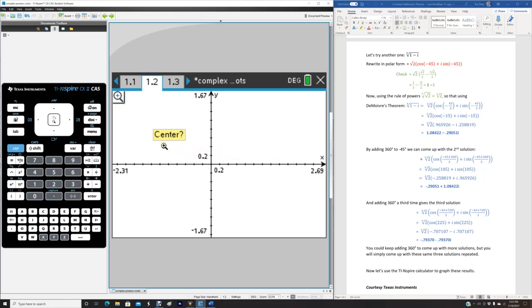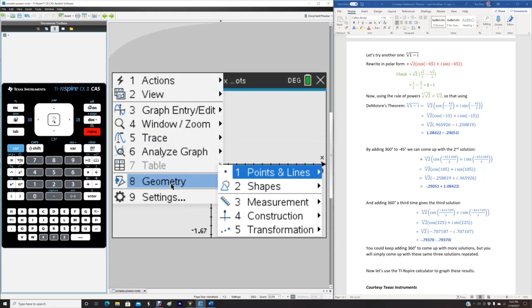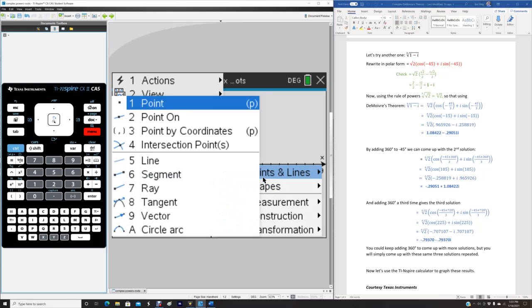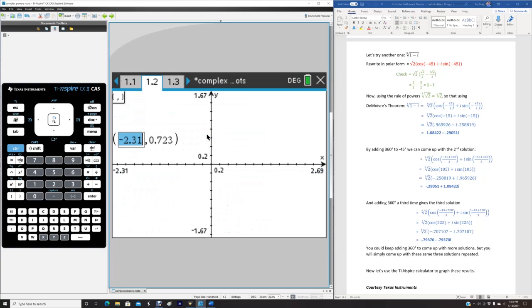Now we can start plotting our coordinates. To do that, it's Menu again, Geometry, and this, by the way, is not included in the scratchpad, Points and Lines, and Points by Coordinates. And we can put in our first coordinates.